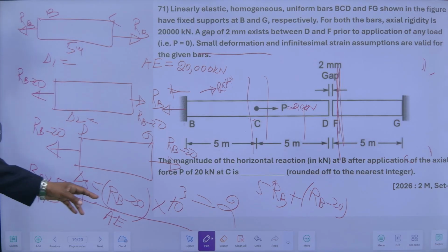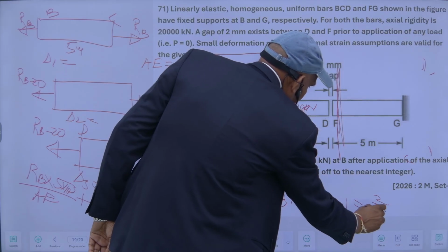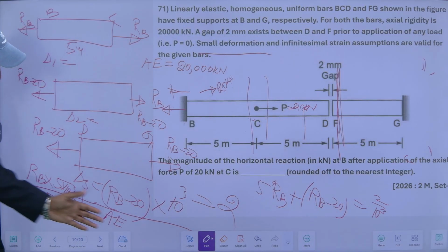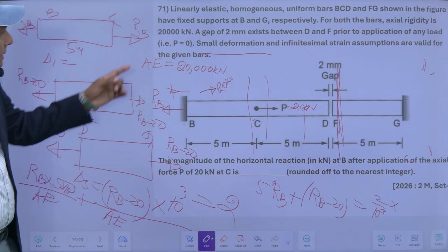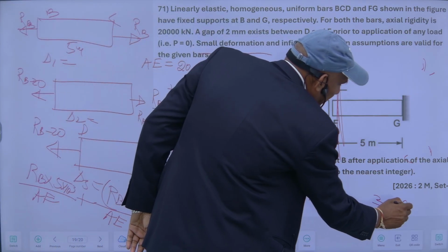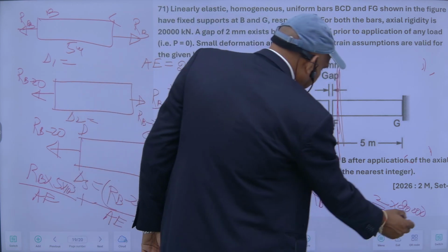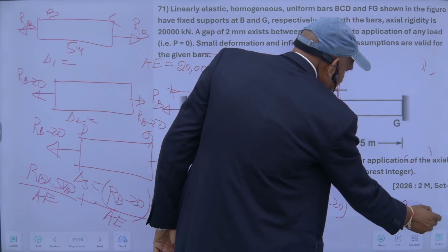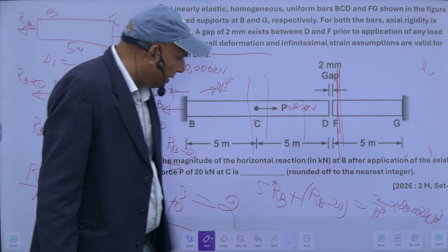This 10 by 3 you can take common, so it will be 2 upon 10 raised to the power 3. And AE is equal to 20,000 kilonewton. So this will be, this is Newton. So RB you can find from here.